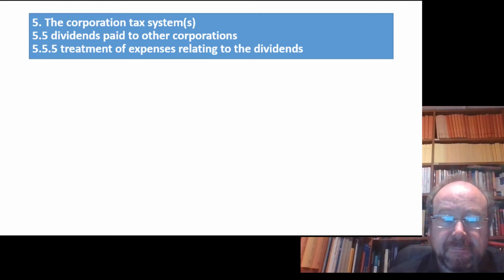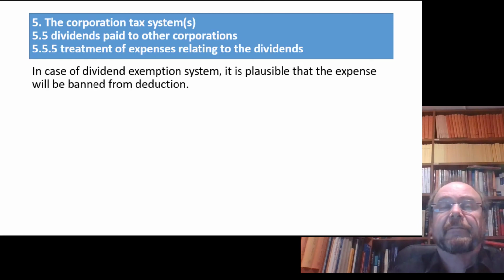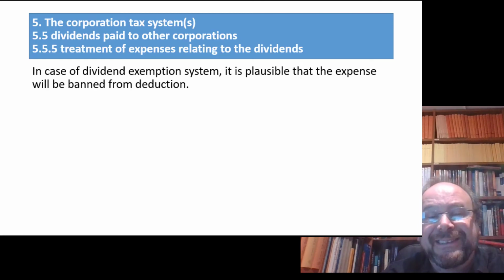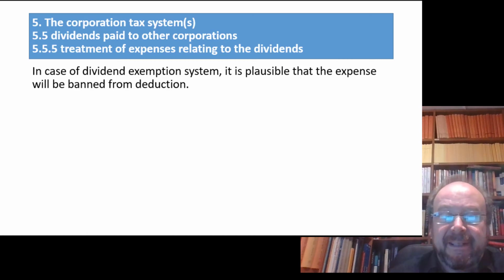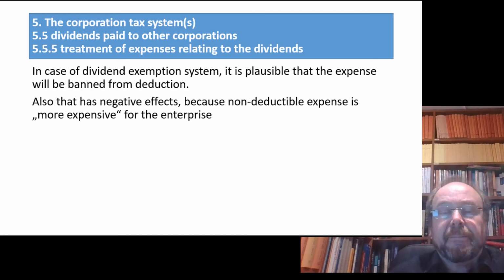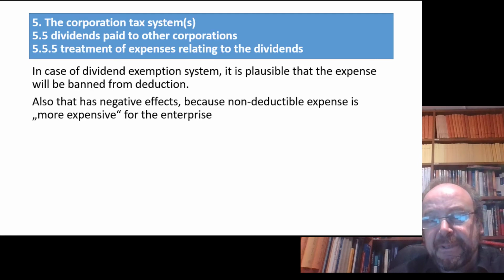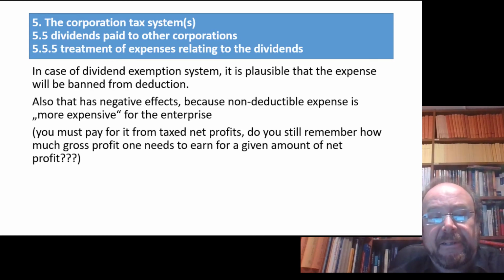Well, now if you have a system like in Germany, the dividend exemption system, it is plausible that the expense will be banned from deduction, and indeed that happens. That also has negative effects, because non-deductible expense means you have to pay for that expense from tax net income.